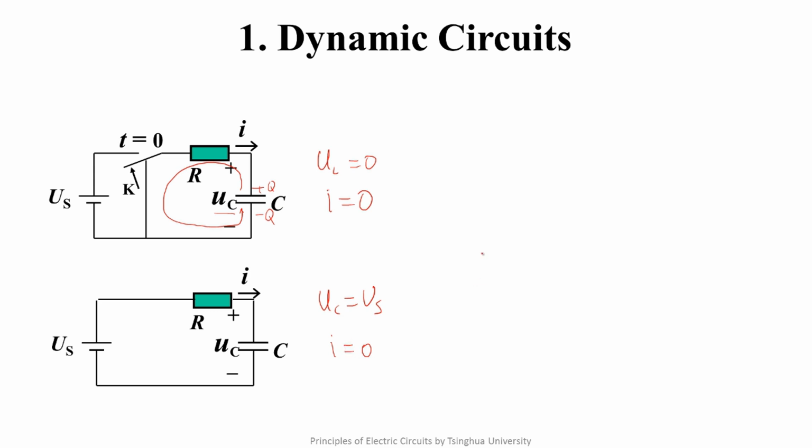We draw the figures for these two cases respectively. The horizontal axis is always t. The vertical axes are UC and I respectively. We find that UC is 0 before the switching and UC is US after switching for a long time.